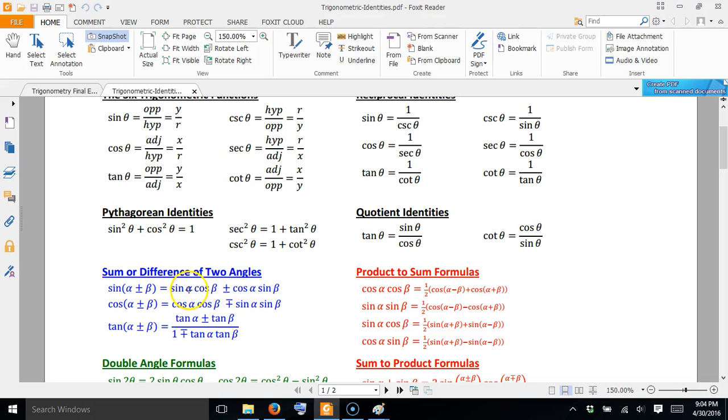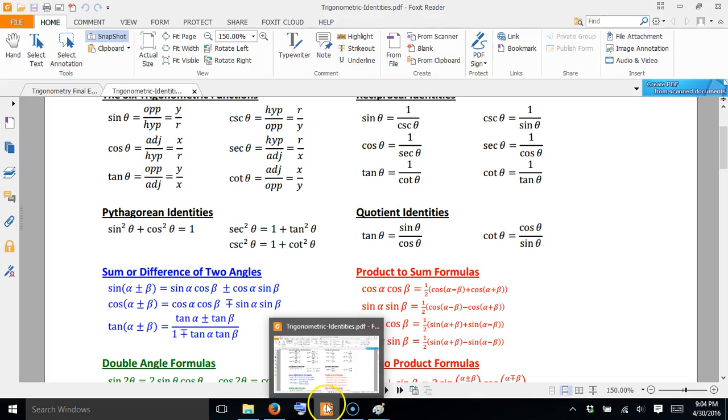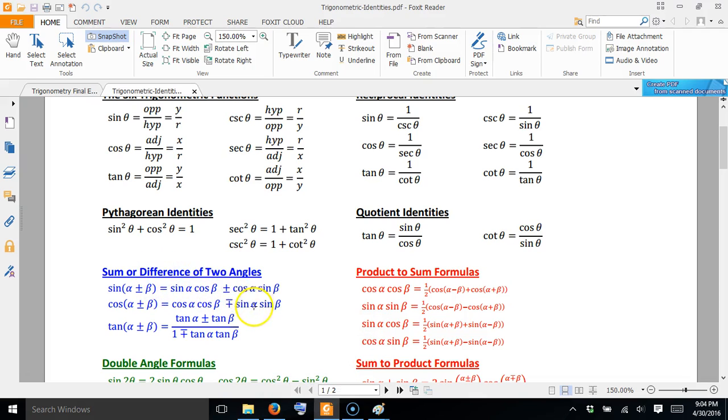So right off the bat on these problems, do not get the distribution process confused with what it's actually equal to, because sine is not being multiplied to these two angles here. Sine is a function of these angles. They can't be separated as in a distribution process at all. You've got to use your identities, okay?